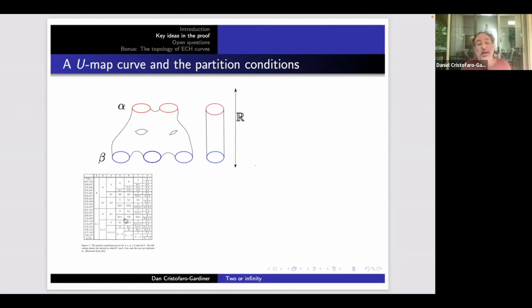Do you see what I mean? Because you only have finitely many orbits. If you're just asymptotic to simple orbits, and you only have finitely many simple orbits, you're never going to be able to produce small d lambda energy. So if you have small d lambda energy, you have to be picking up high multiples of your asymptotics, and that's really important if you want to extract anything from the partition conditions. That's reason 1 why it's useful.